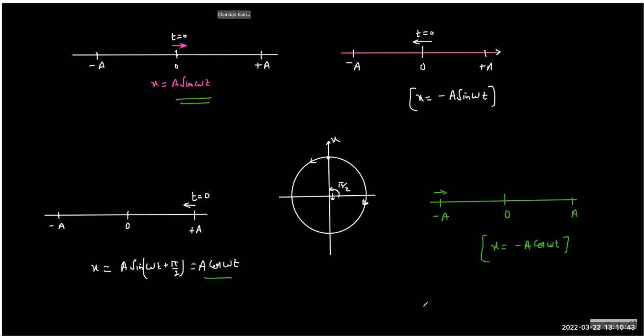You have already moved pi value. You're actually here and going down, so you have already traveled pi. So if you add a sine omega t plus pi, you get minus a sine omega t. You can derive that.